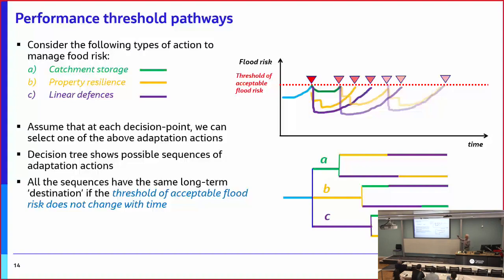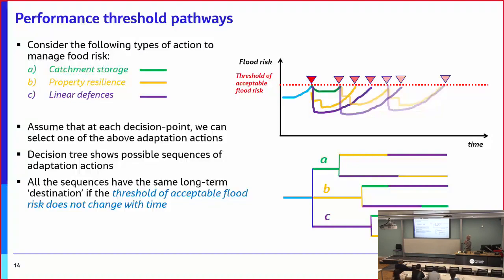Or, the yellow line is improve the resilience of buildings on the floodplain, or we could build linear defences. And each of those interventions will reduce flood risk to an acceptable level over a particular period of time in the future. So clearly, if we build linear defences, we have security for much longer, perhaps, than catchment storage interventions.